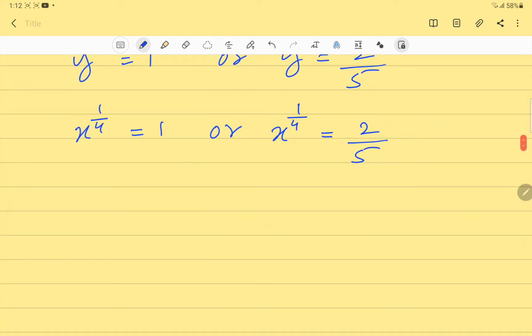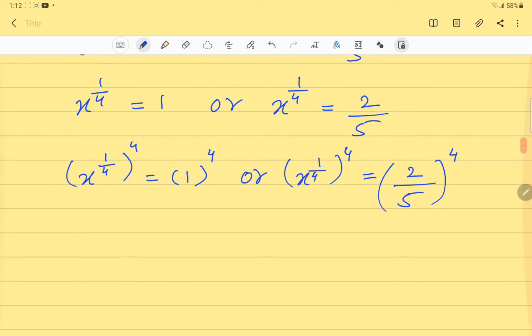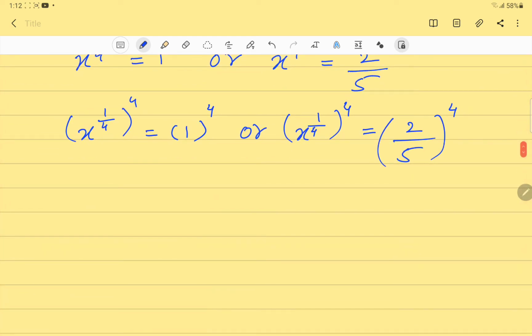We will raise to power 4 both sides of the equations. So x raised to power 1 over 4 whole raised to power 4 is equal to 1 raised to power 4, or x raised to power 1 over 4 whole raised to power 4 is equal to 2 over 5 raised to power 4. In this case 1 over 4 multiplied by 4 will become 1.